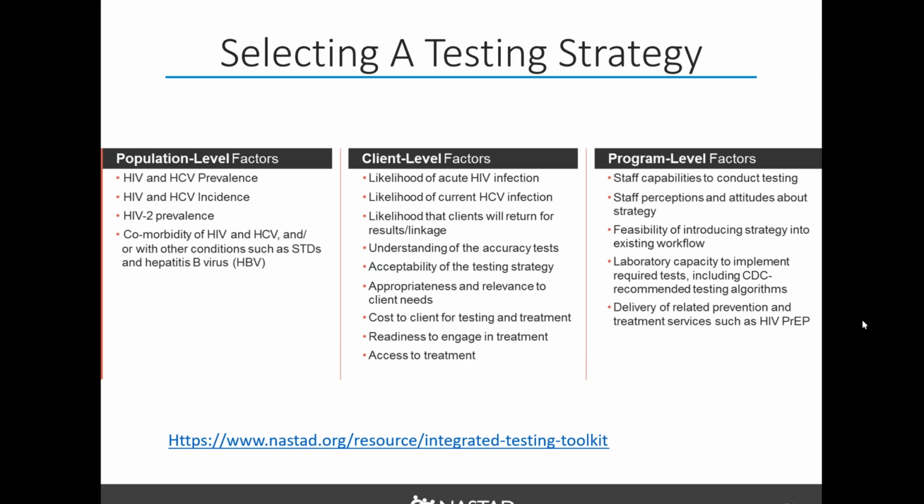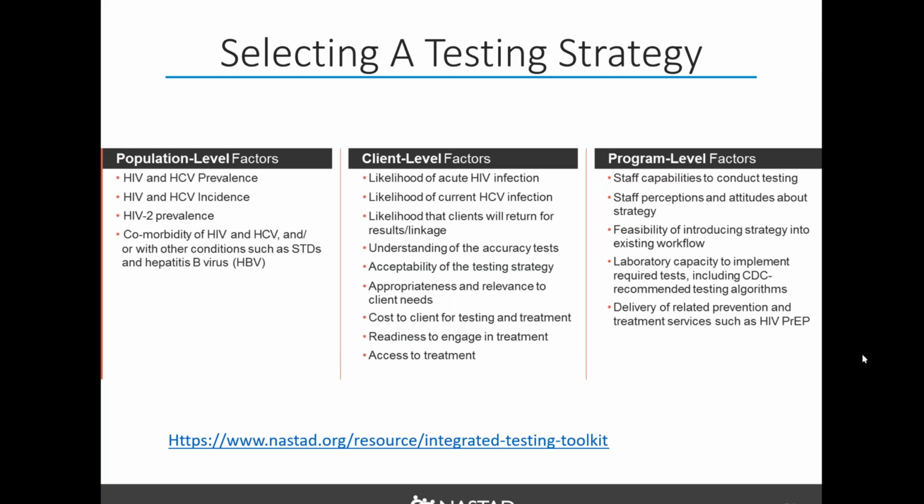But in general, you want to select a strategy or strategies that gives you the most accurate results that are possible. You want to identify infection, whether it's HIV or hepatitis C, as early as possible so you can facilitate more timely treatment access. And you want to select a strategy which is consistent with your program objectives or priorities.